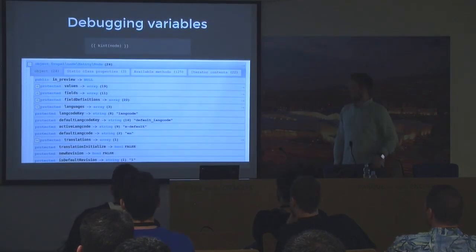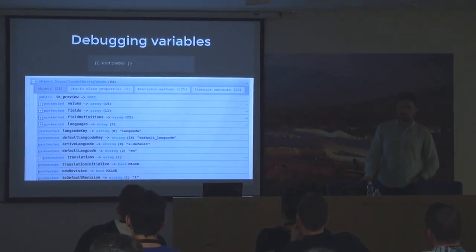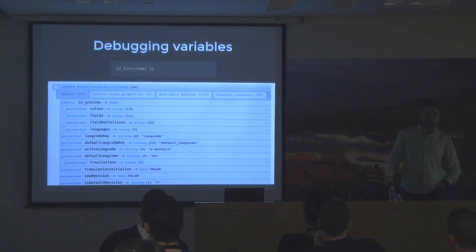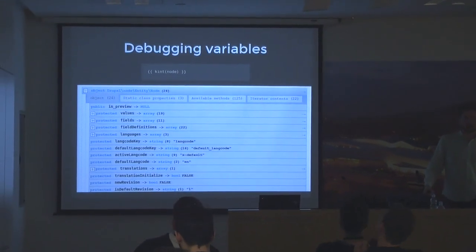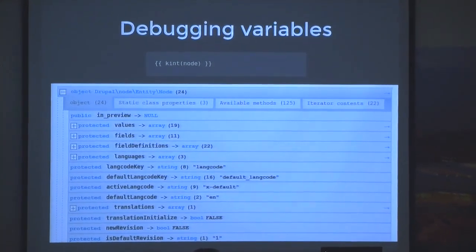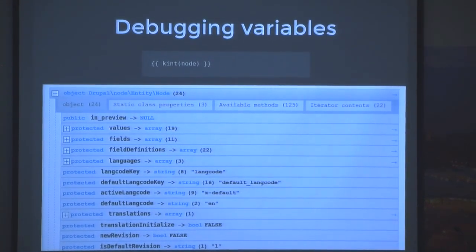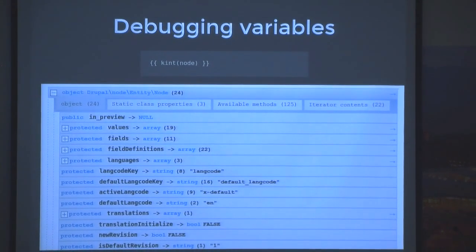Debugging variables in Twig. The best way that I figured out myself is Kint. It is bundled in, it comes with Devel. There is also another module, which is pretty interesting, which is an xdebug Twig extension. So if you want to use xdebug in Twig, you can use the xdebug Twig extension.